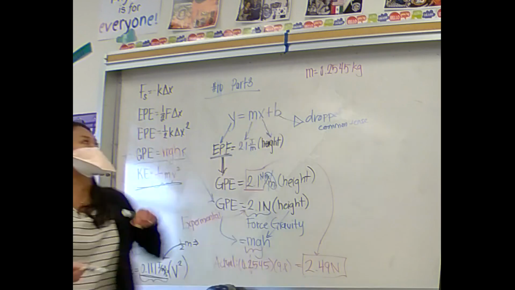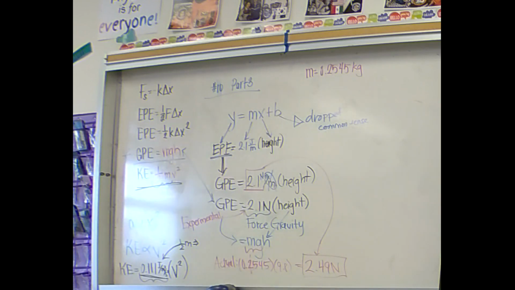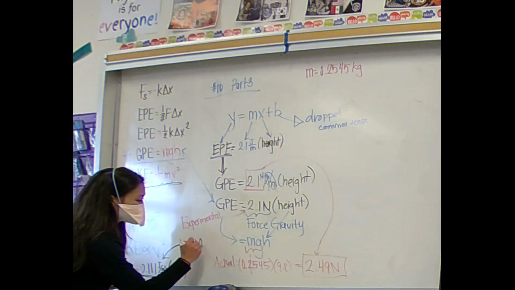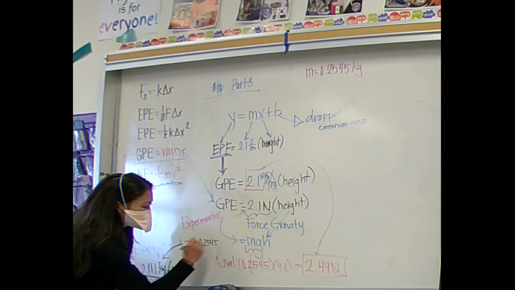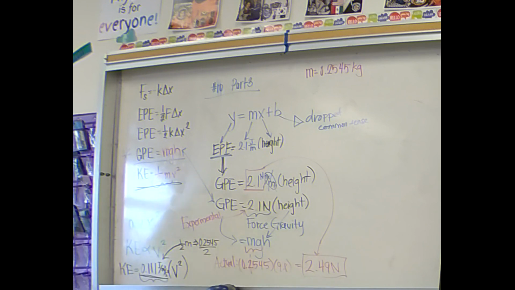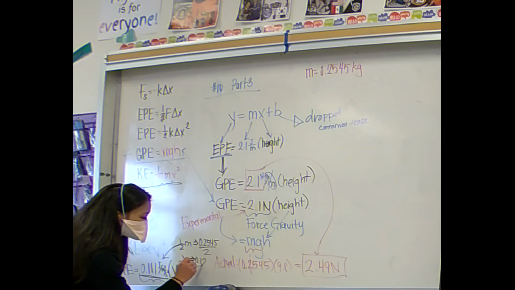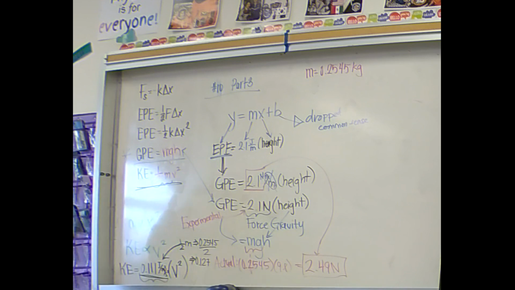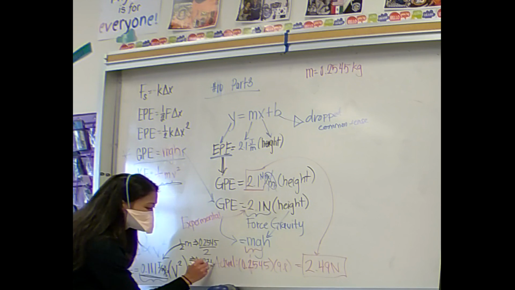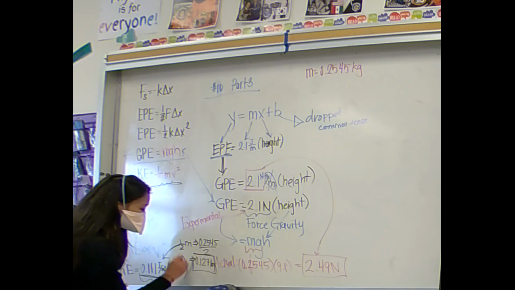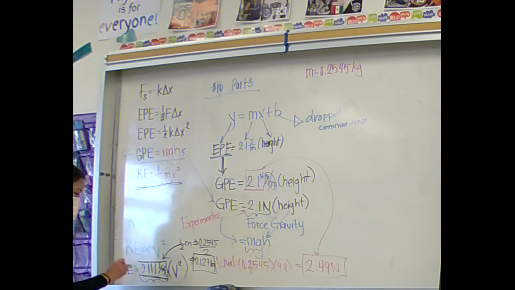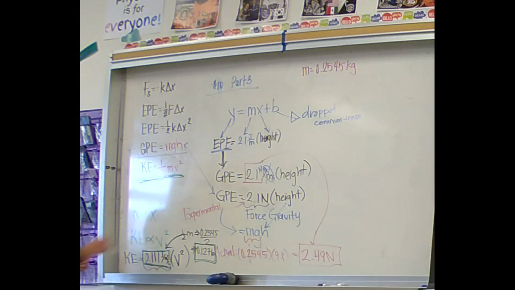Who can calculate half of 0.2565 for me? 0.2565 divided by 2. 0.128. Good. 0.128 kilograms. Does this look like this? Pretty close. It emphasizes that our kinetic energy is 1/2 mass times velocity squared.